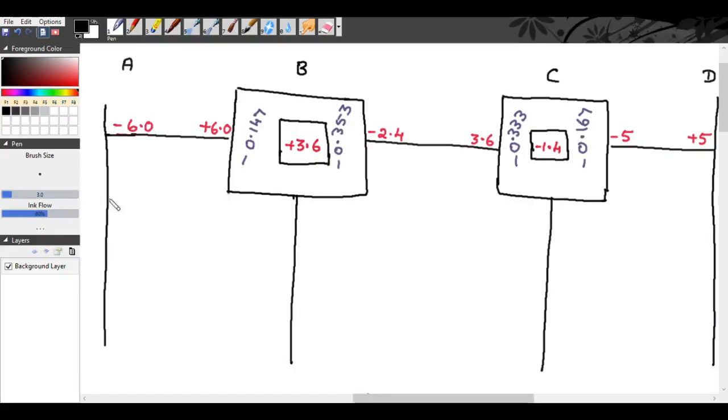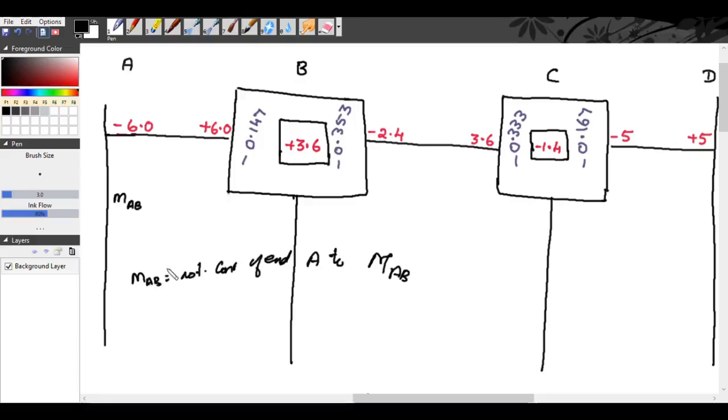Now we will find small MAB, that is the rotational contribution of end A to capital MAB. That is moment at A when the far end is B. That will be our final moment. MAB is our final moment.